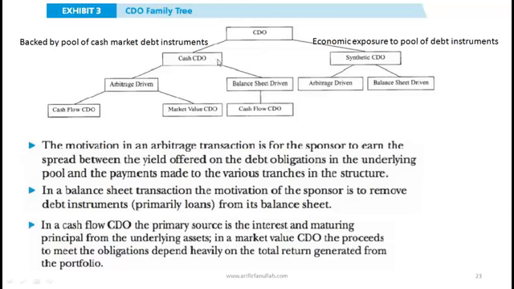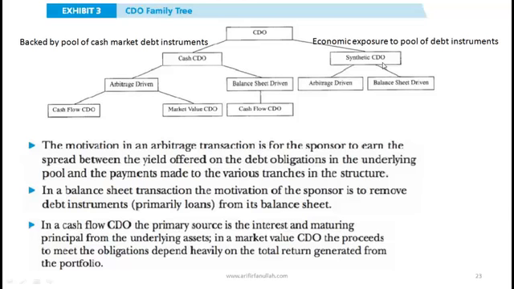This is probably what would come to your mind by default. When we talk about a cash CDO, this effectively means that the underlying instruments, be they junk bonds or other mortgage-backed securities or bank loans, we actually own those assets. Okay, so that's a cash CDO, versus a synthetic CDO is one where we don't actually own those assets, we simply have an economic exposure to those assets.